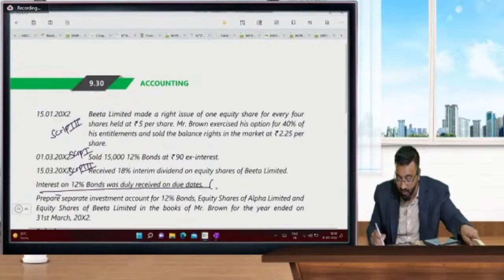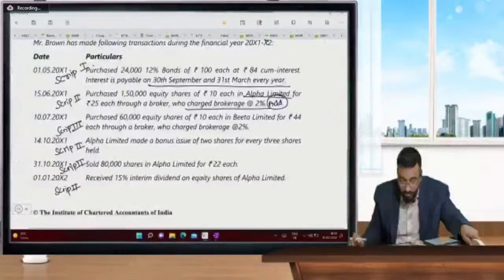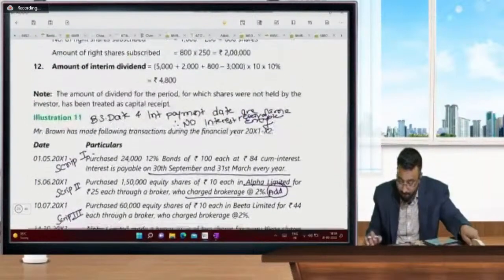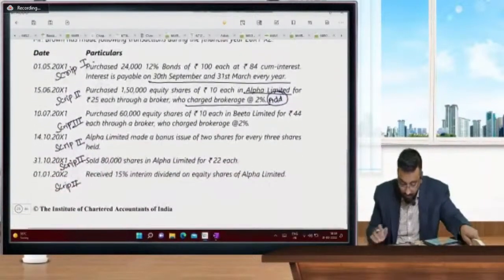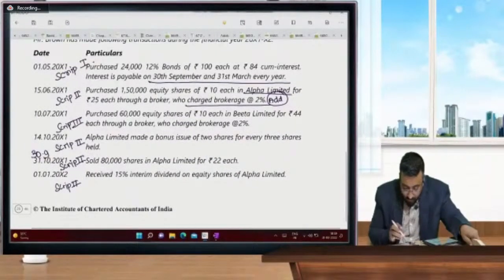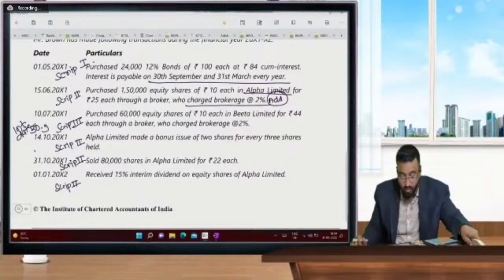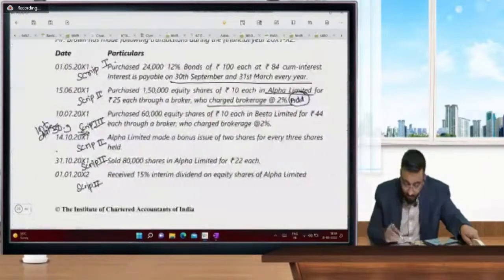Interest is duly received on due dates. So what are the due dates, beta? 30th September. So here I will write before 14th October, 30th September interest date. You can see here 30th September interest date before 14th October, and that interest date is script number 1.